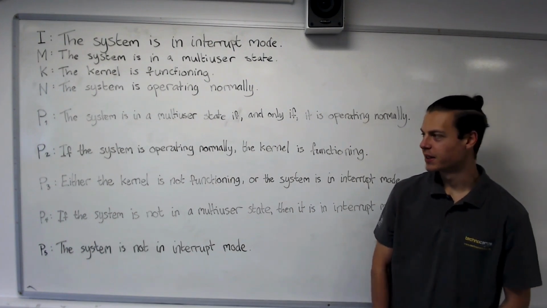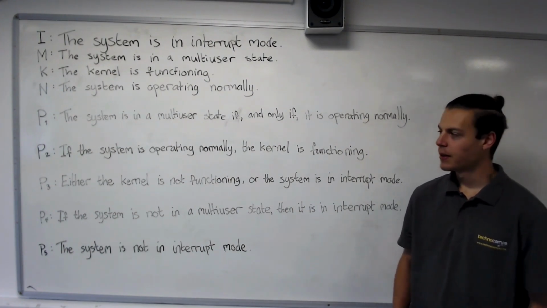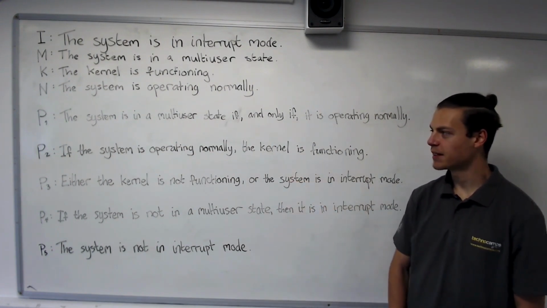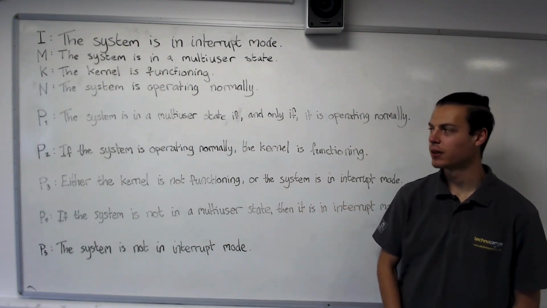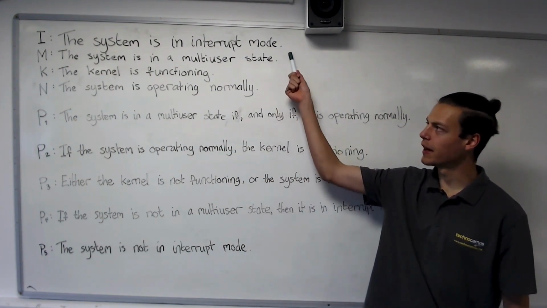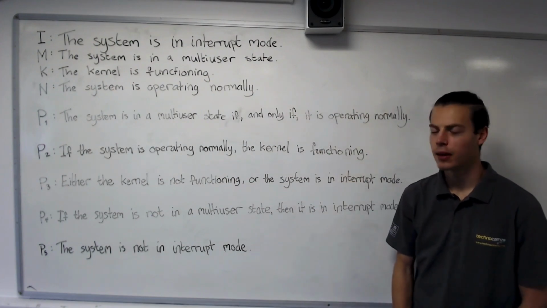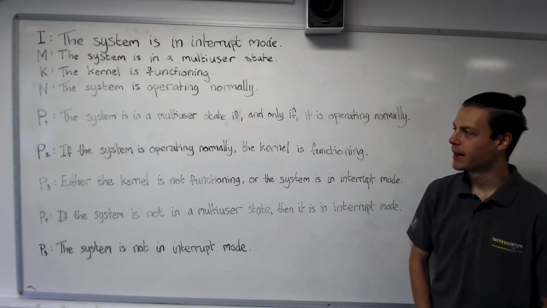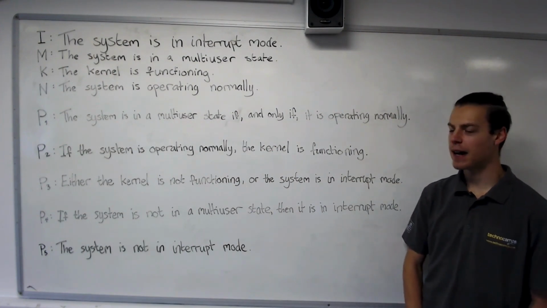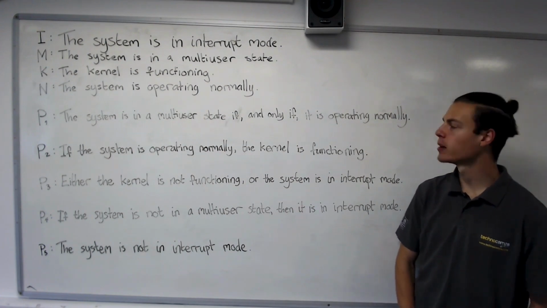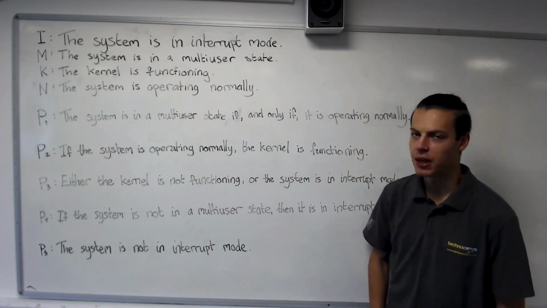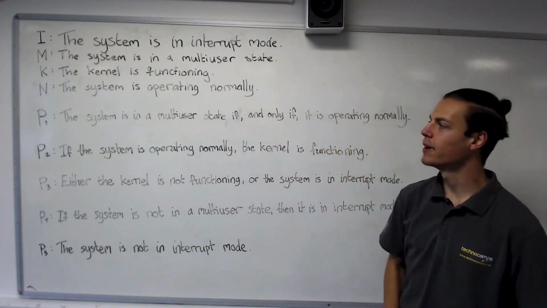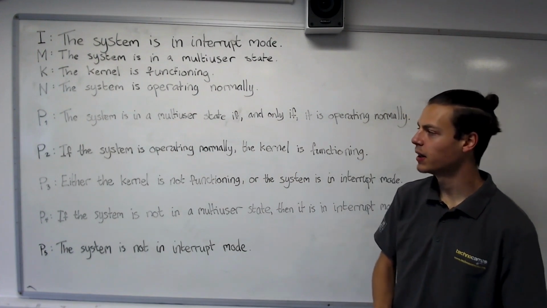This is a two-part question. Firstly, we have 5 statements here, and we must translate these statements into propositional logic using the 4 defined variables here. So let's take a look at the first statement. P1. The system is in a multi-user state if and only if it is operating normally. So using our variables, we have M, if and only if N, right?